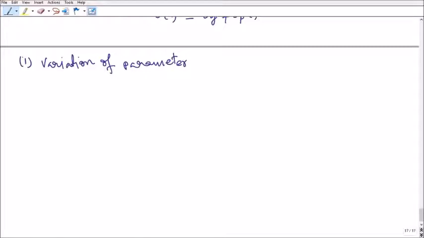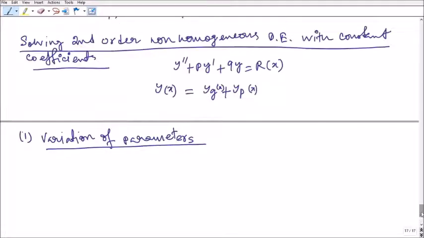Okay, variation of parameters method of calculating the particular solution of a non-homogeneous differential equation. So we have to find out the particular solution.